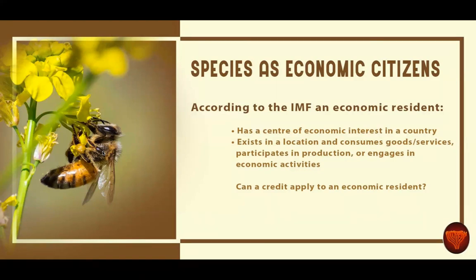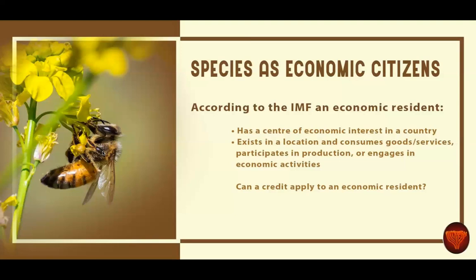So let's consider what is an economic resident according to the IMF. Essentially, the IMF states that an economic resident has a center of economic interest in a country, and it exists within a location where it consumes goods or services and participates in production or engages in economic activities.